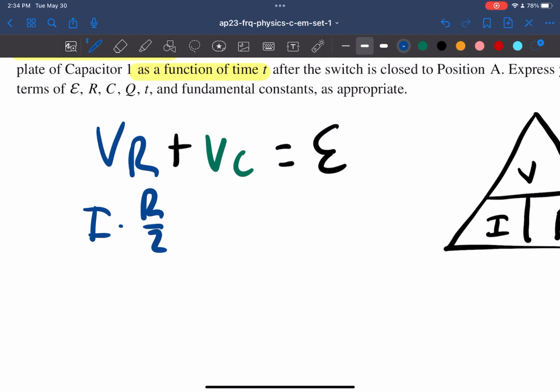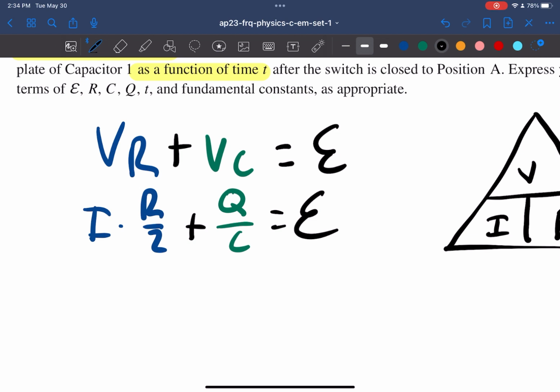Now we have I times R over 2 plus the voltage of the capacitor. But remember that we need this equation to have time in it. So we're going to express the capacitor voltage as Q over C, equals the voltage of the battery.